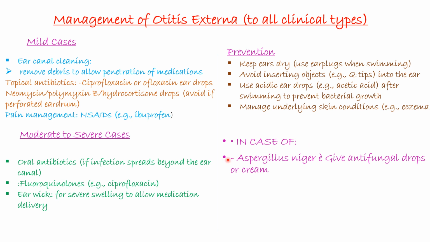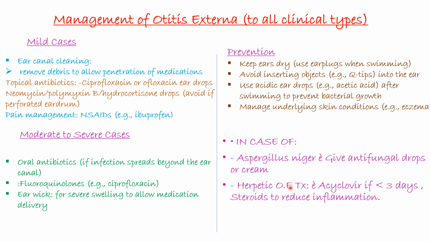In case we have fungal otitis externa, we say the most common one is Aspergillus, and we give antifungal drops or cream. For the herpetic one, we said we give acyclovir if less than 3 days, and then you also give steroids to reduce inflammation.